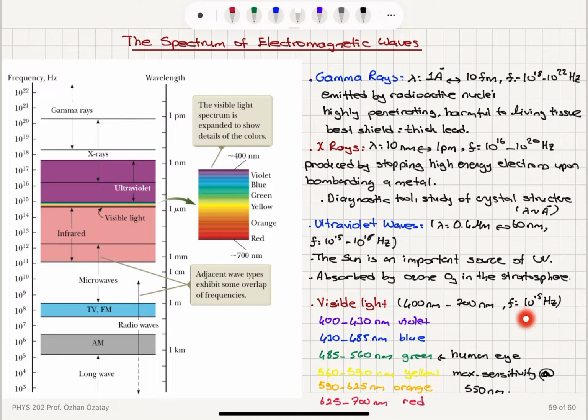The frequencies are in the 10^15 hertz range here. 430 to 485 nanometers is blue, 485 to 560 nanometers is green, which is where the human eye has the maximum sensitivity at 550 nanometer, that corresponds to green. 560 to 590 nanometer is yellow, 590 to 625 nanometer is orange, and 625 to 700 nanometer is the red region in the visible spectrum. Then we go to the infrared region.